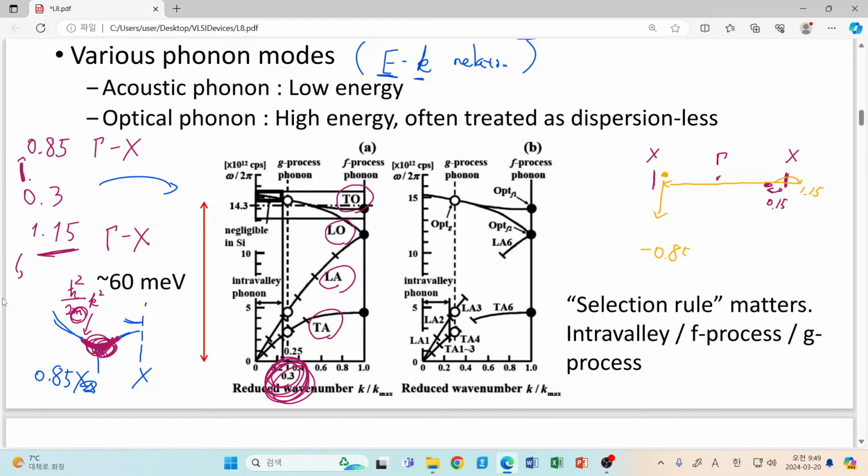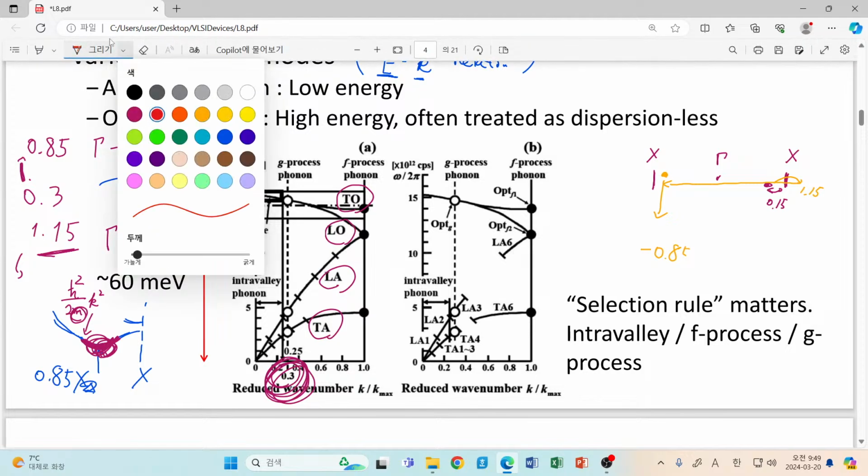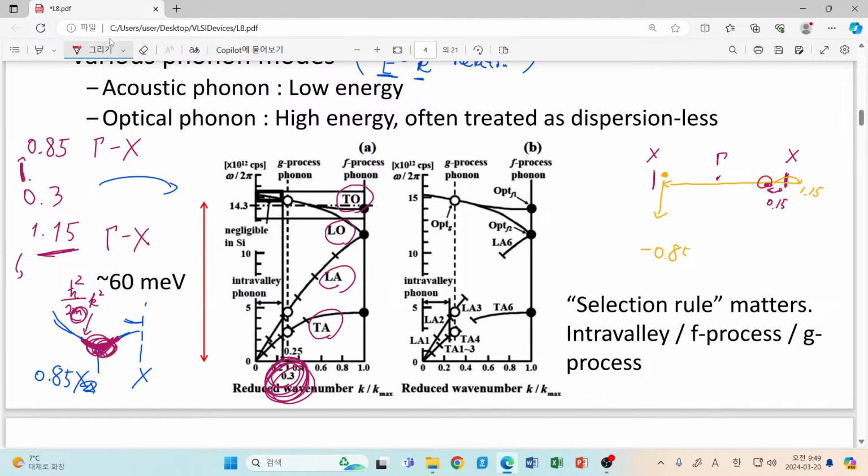What is it? Is there anybody who can answer? Please note that this is the minimum point of your silicon conduction band. And what is this minus 0.85 point? This is another point for your silicon conduction band.